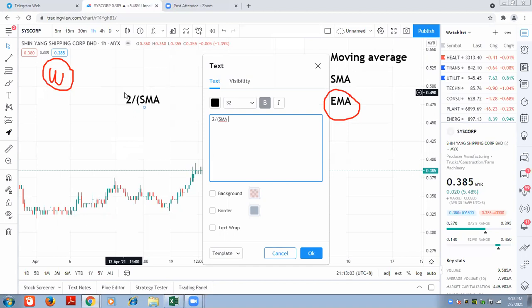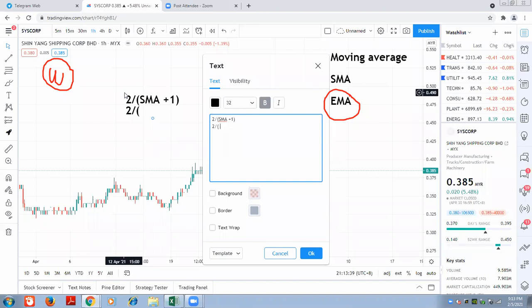And then SMA plus 1. So you divide 2 by the number of days you counted plus 1.